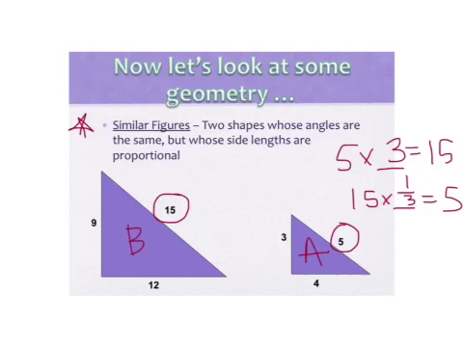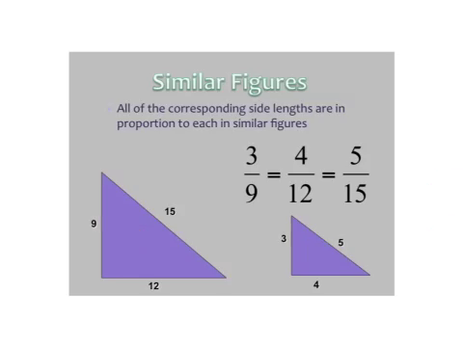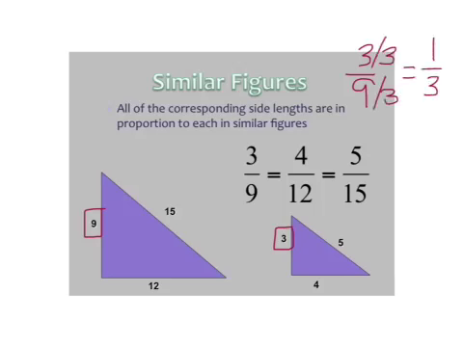You can also set up your corresponding side lengths and see if they can be reduced to the same thing. For instance, if you look at 3 over 9, it can be reduced. Divide by 3, divide by 3, that would be 1/3. 4 over 12, their corresponding side lengths, can be reduced.